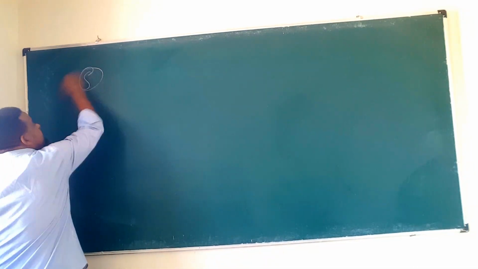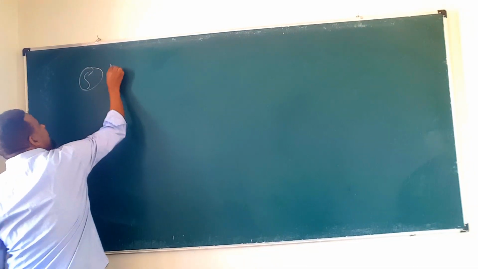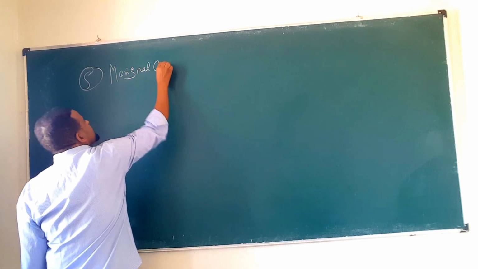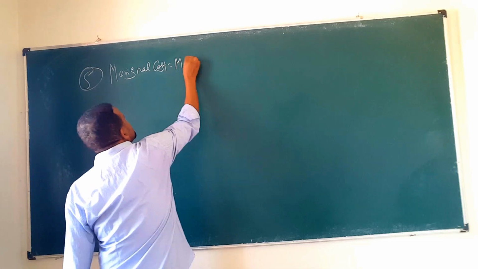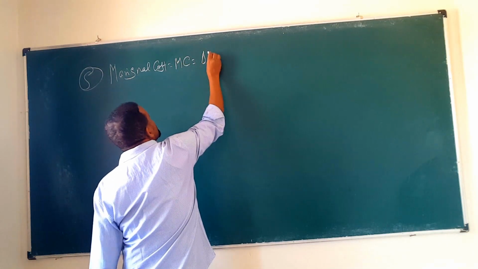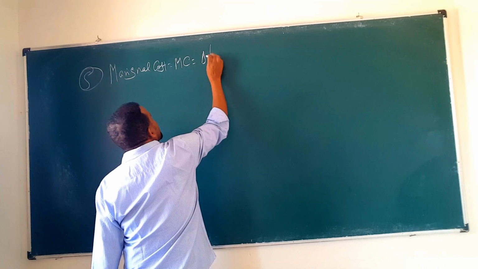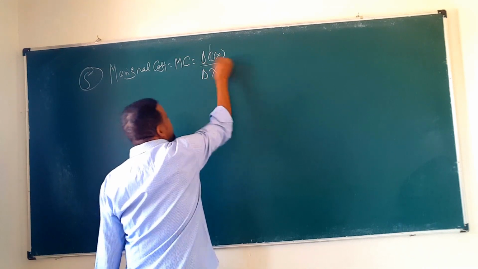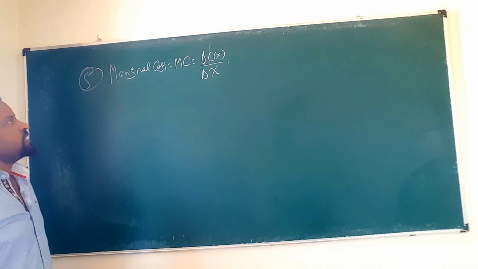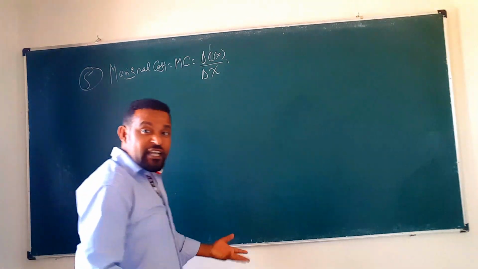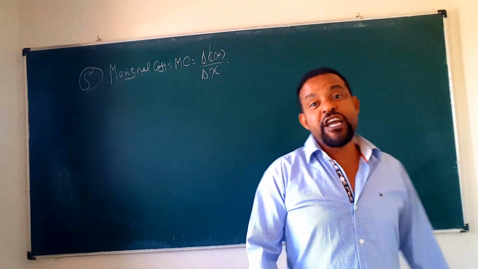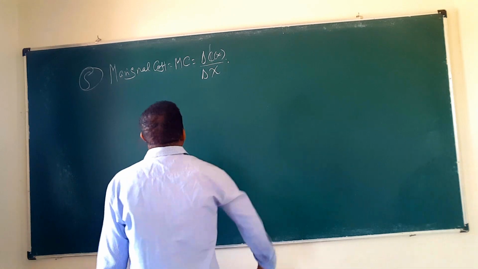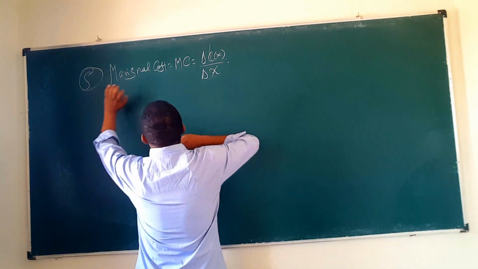The fifth formula that you should remember is the marginal cost, which is of course denoted by MC, the change in total cost over the change in the quantity x or the output x. So the rate of change of the total cost with respect to the output or the quantity x is the marginal cost.